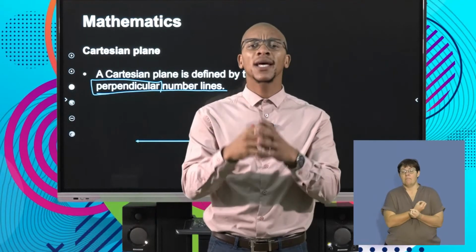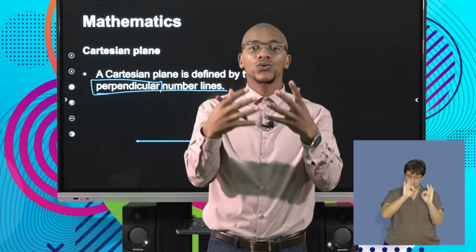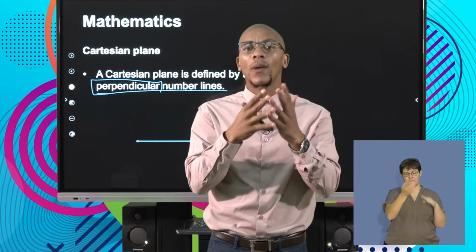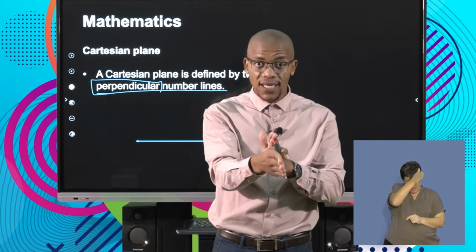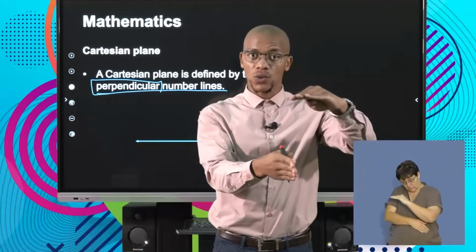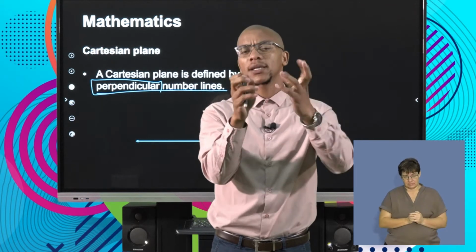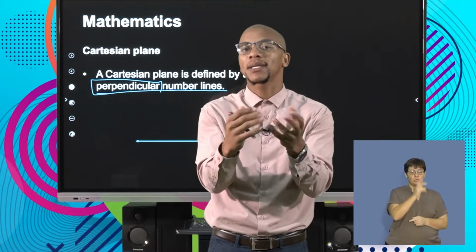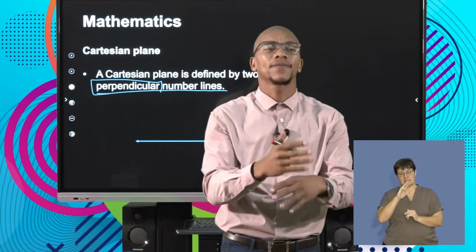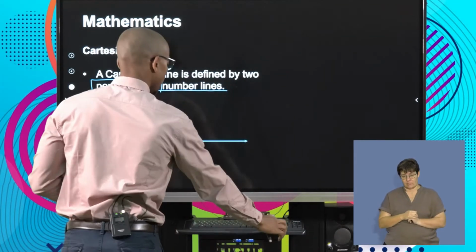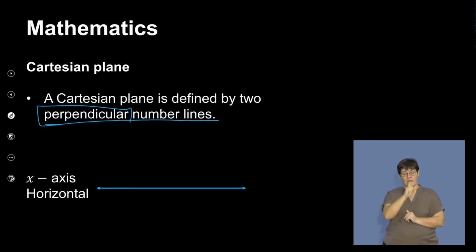So most of the time, whenever we want you to draw things on a Cartesian plane, we'll give you a grid, right, where you're going to draw your Cartesian plane. Why? Because we want it to be one vertical straight line, one horizontal straight line, and where they meet, they must make a 90-degree angle. Not that you must indicate it, but they must make a 90-degree angle. Now, the horizontal axis, we call it the x-axis.